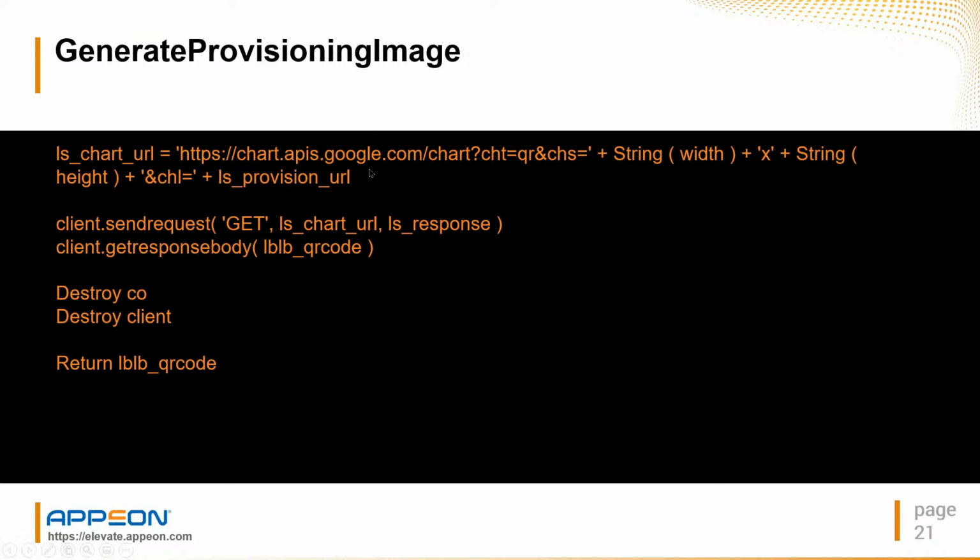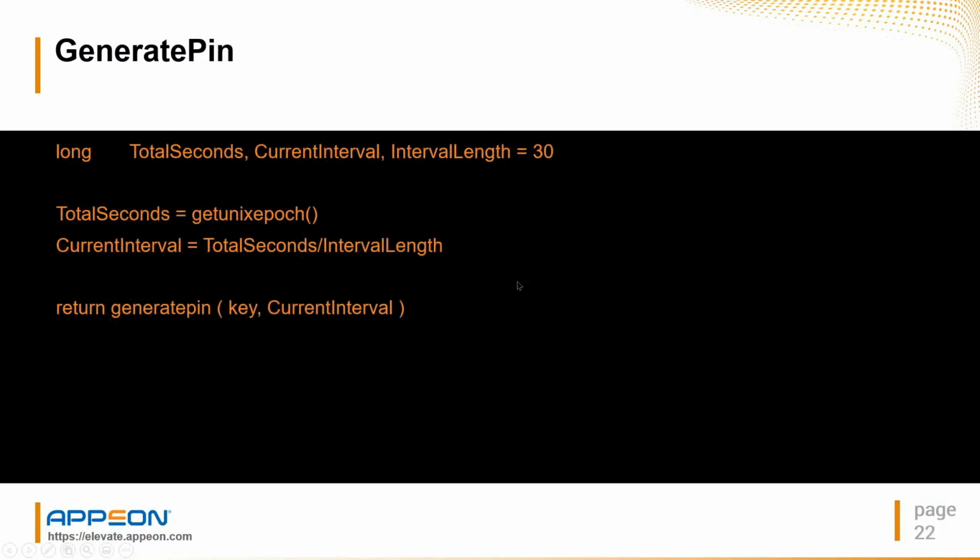And it's that long string that Google Authenticator wants. So I send the request to Google. I get the response body back, which is a blob, which is the QR code bitmap, and I just assign it to the picture control on the window. That allows the user then to register the app with Google Authenticator.